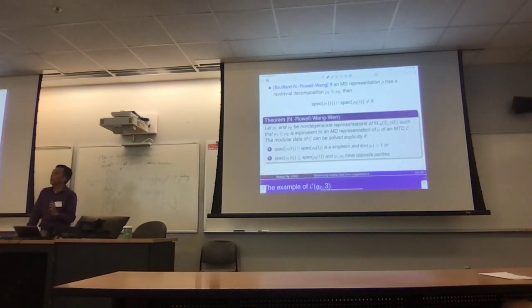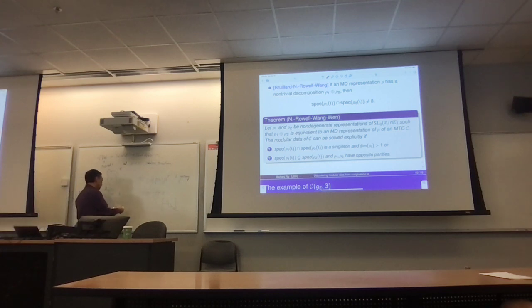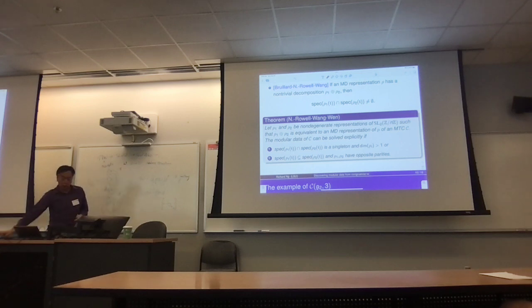Now let me tell you how I can solve it. Theoretically, we can solve it in some situations. Maybe I should define non-degeneracy. I would say a representation is non-degenerate if rho t, remember rho t is diagonal, if the eigenvalues do not have any multiplicity, or all have multiplicity 1.